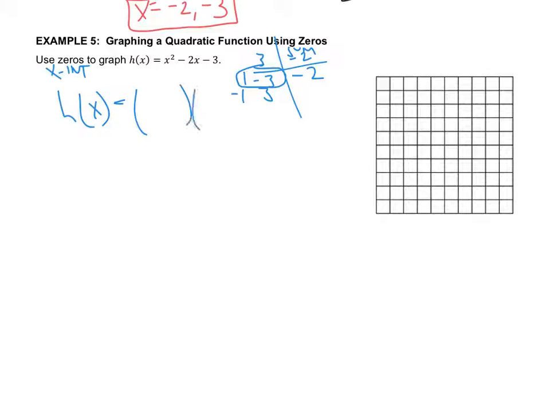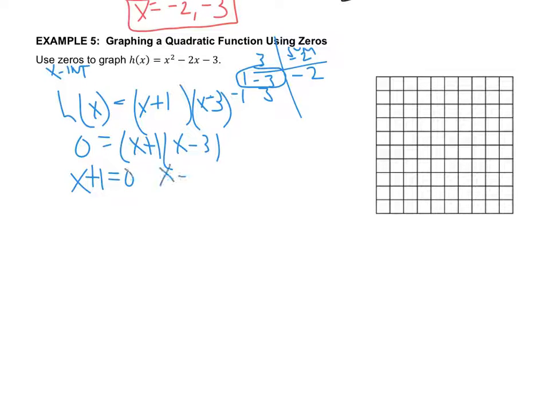So if I then put in my double bubbles, I'm going to do x plus 1 and x minus 3. So if I'm finding my intercepts or my zeros, my x-intercepts, it's going to be x plus 1 equals 0, x minus 3 equals 0.